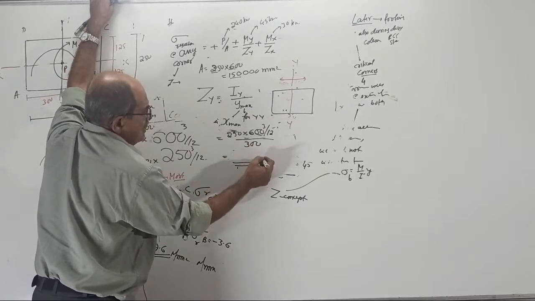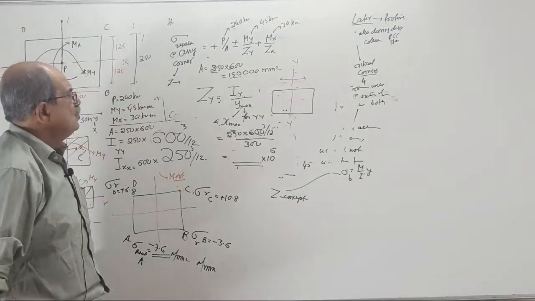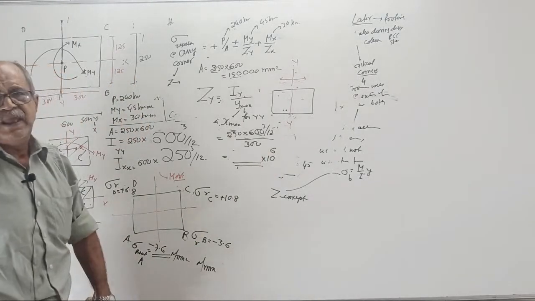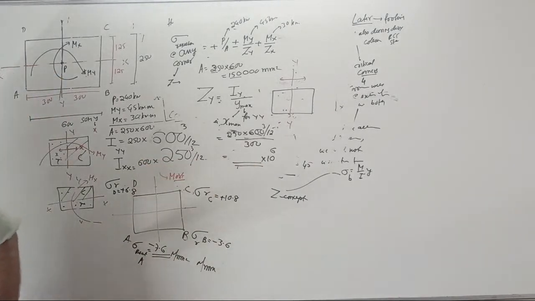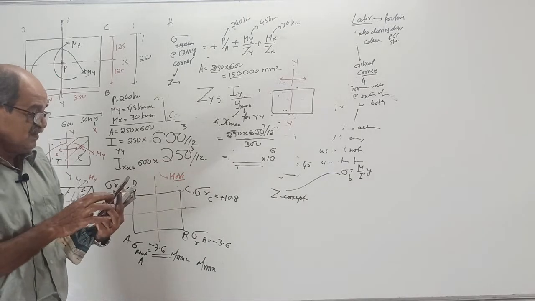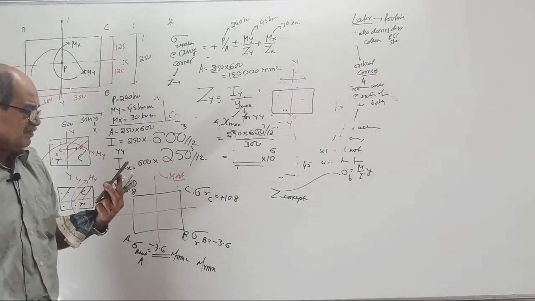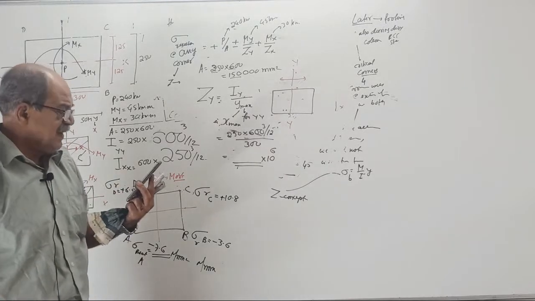This will give you Z in 10 to the power 6. How much is 250 into 600 cube by 12 divided by 300? What is the answer in 10 to the power 6?